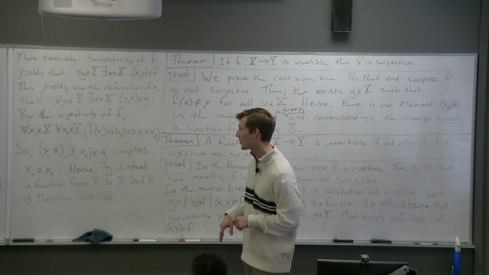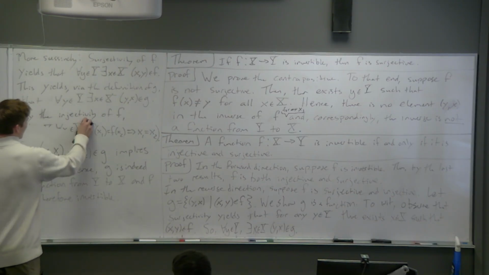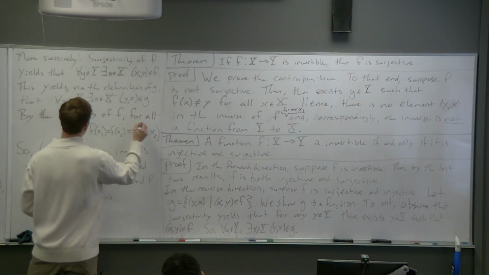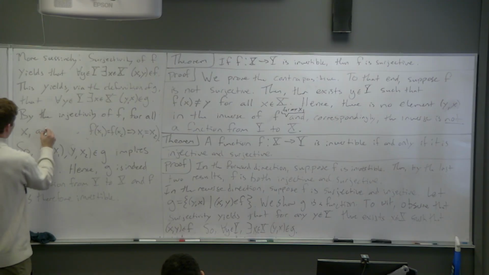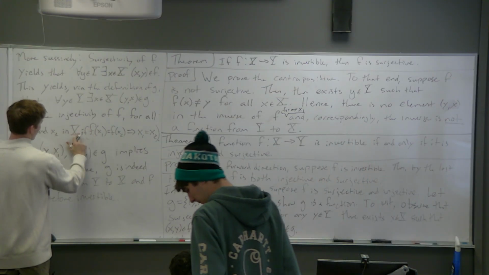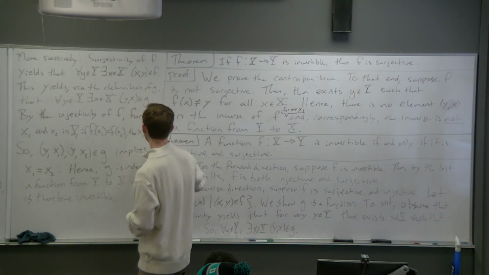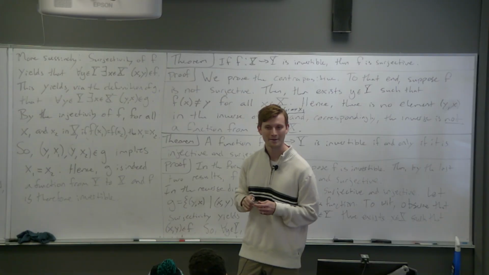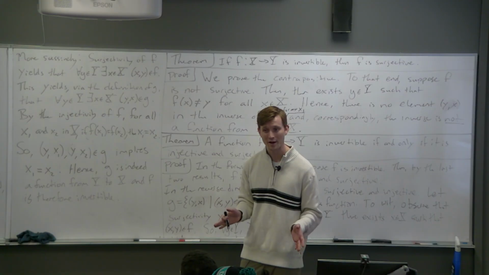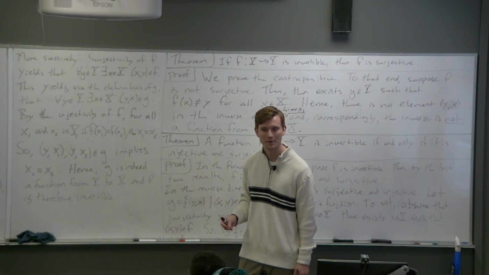You could say something like, by the injectivity of f, for all x1 and x2 in X, if f of x1 equals f of x2, then x1 equals x2, right? It's a lot more words, but if you like writing it that way, that's perfectly fine. It's just shorthand for the same thing. I mean, the other way is shorthand to say this, right?